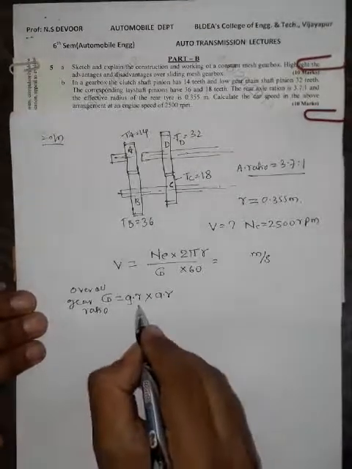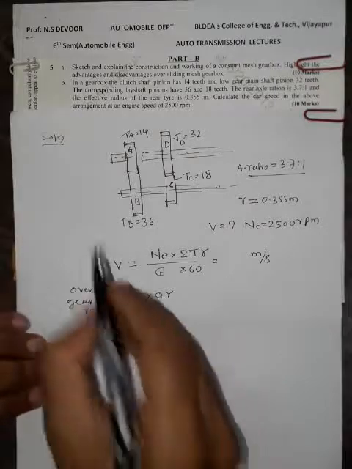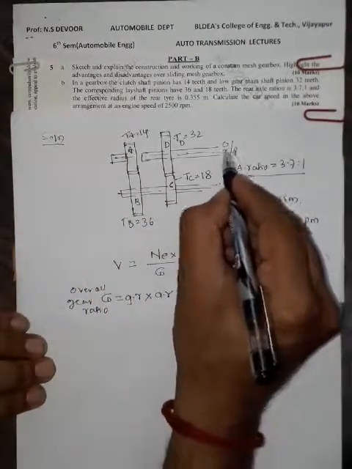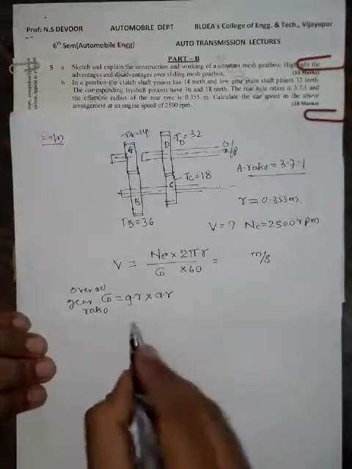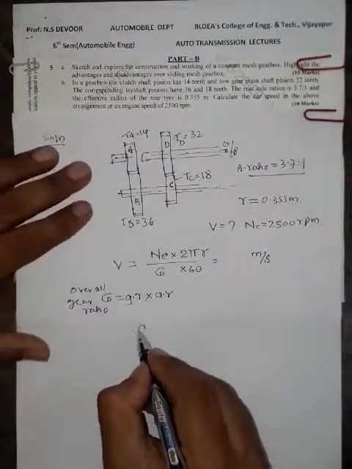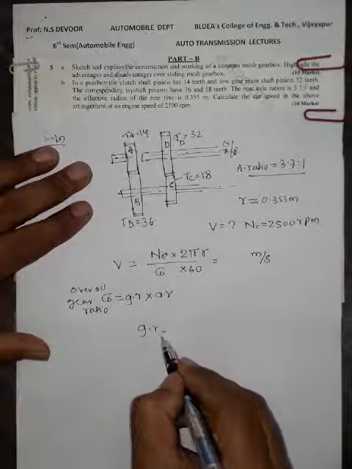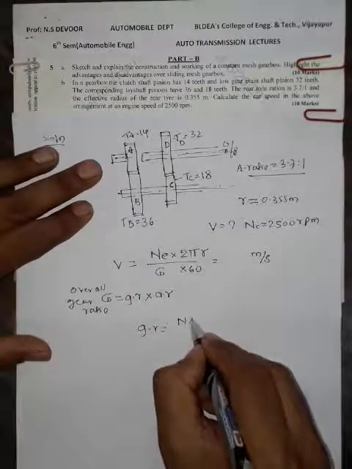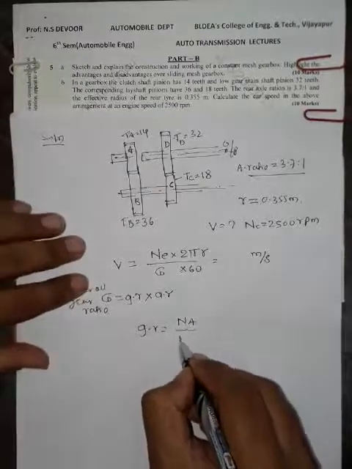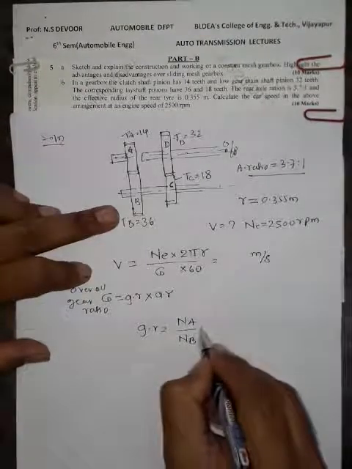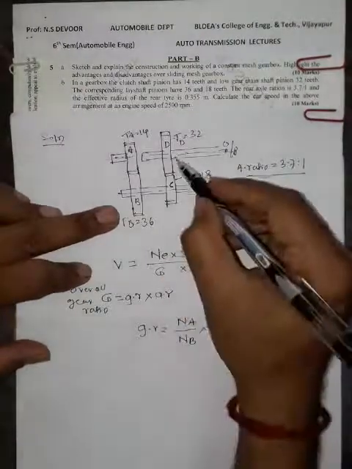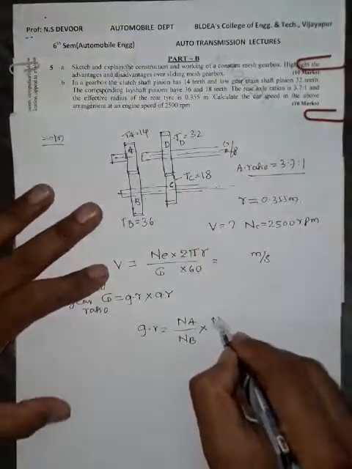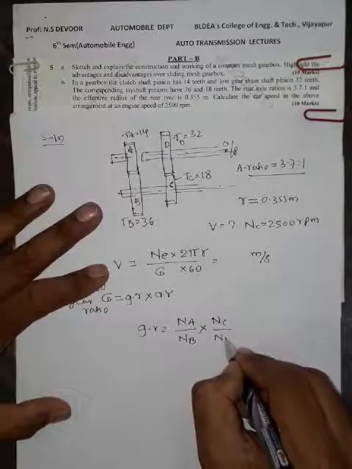First it is necessary to calculate the gearbox ratio. What is the input speed coming in and what do you get as output here? How to calculate the gearbox ratio? Just refer to this figure: gear ratio is equal to NA by NB into NC by ND. Is it clear?